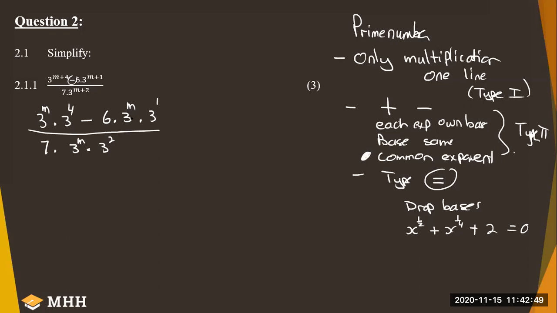Right, and what is the common exponent? 3 to the power of m. Why do you look for the common exponent? Because you need to simplify and you need to cancel out, you see? So you take the 3 to the power of m, and what will remain? 3 to the power of 4 minus 6 times 3 will remain.